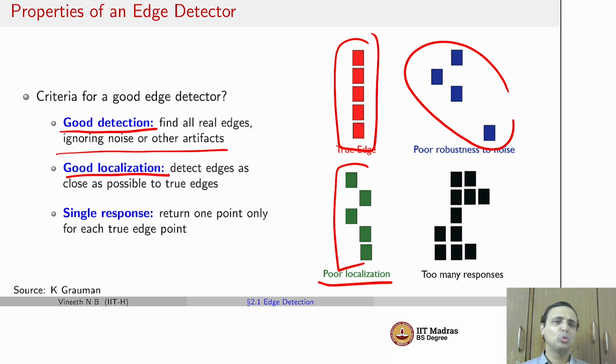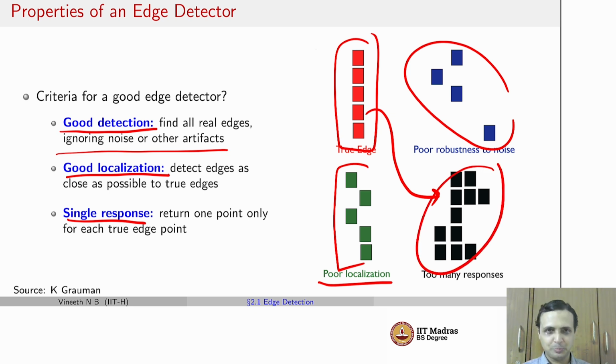You don't want to go 2 pixels to the left or 2 pixels to the right, which would be poor localization. And lastly, we only want a single response. We only want to return one point for a true edge point and not an entire region. Once again, if this was the true edge, this kind of detection which is spread out is not very useful, and we want to be exactly at this location for a good edge detection method.